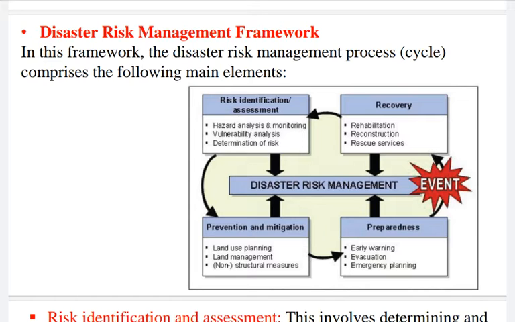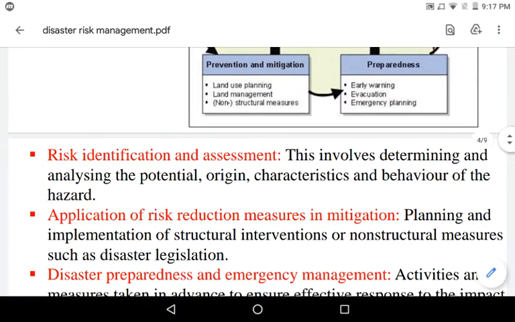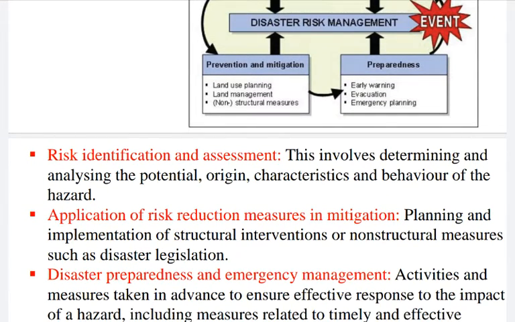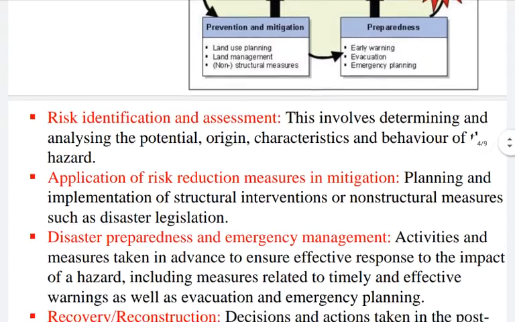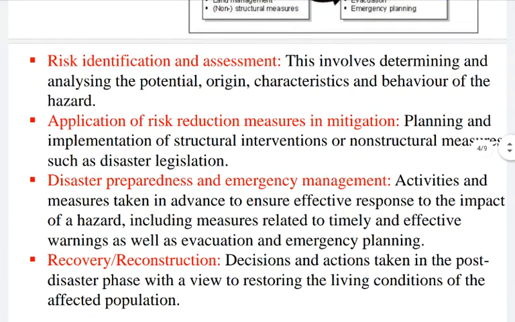Every part of this cycle is connected to the management part of the disaster risk. So the first step is risk identification and assessment. This involves determining and analyzing the potential, origin, characteristics and behavior of hazard. Already we have learned the different types of hazards, and also hazard mapping.